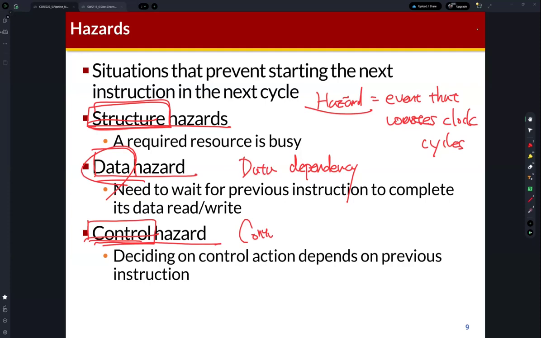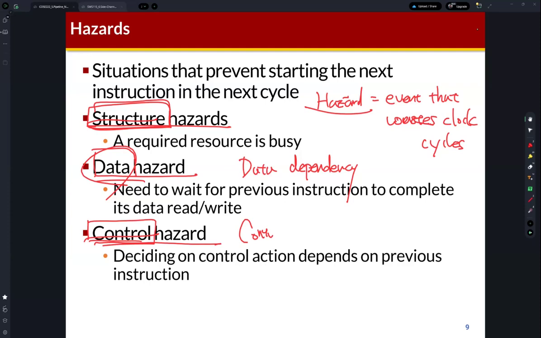In a processor model, we assume a processor can execute one instruction per cycle, which means the CPI is one, but because of some reasons, clock cycles can be wasted.